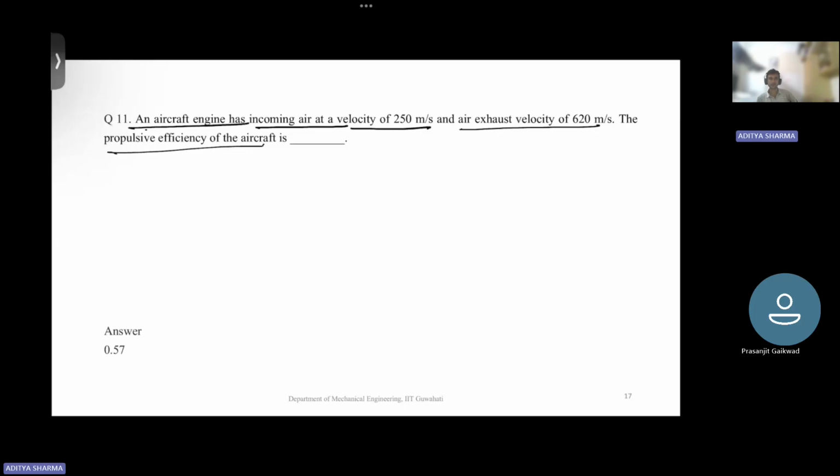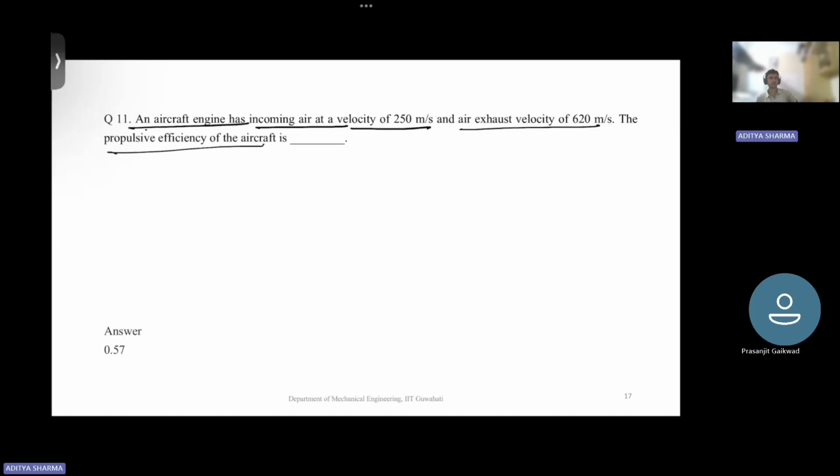And at the end, comparisons were drawn with respect to your reciprocating engines and your steam power plants. Right? So gas turbines were compared with these two. So we saw questions on this. After that, there was lecture 5 where engine performance parameters were introduced to us.